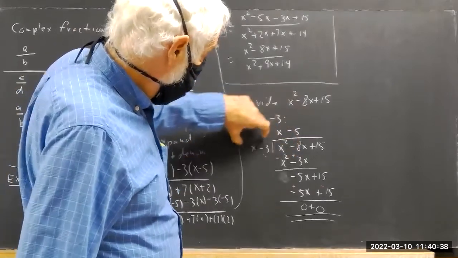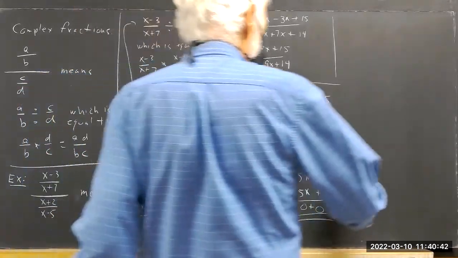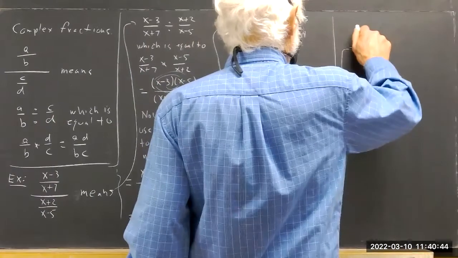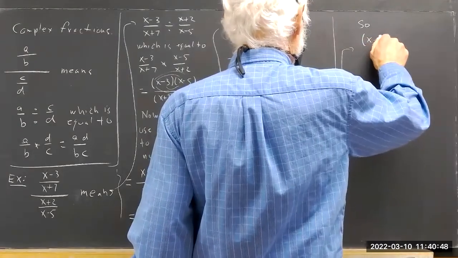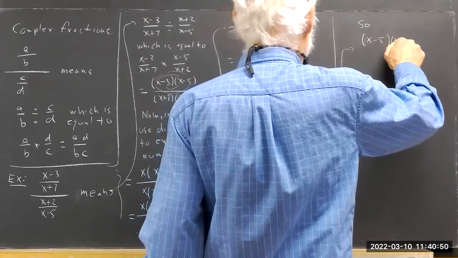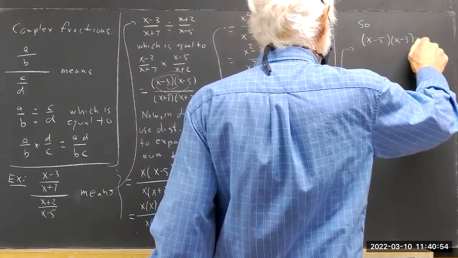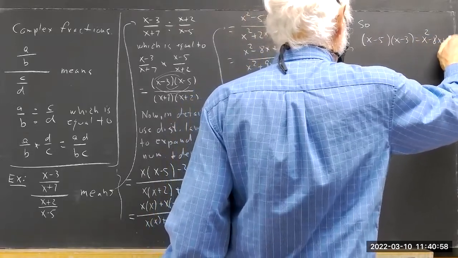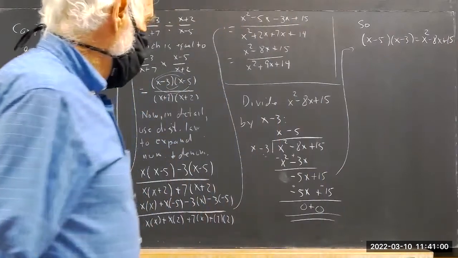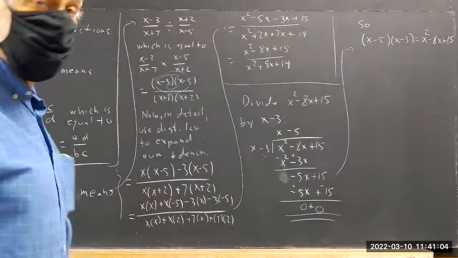So this multiplied by this has to equal this. And of course, we know that's true because we just worked it out.